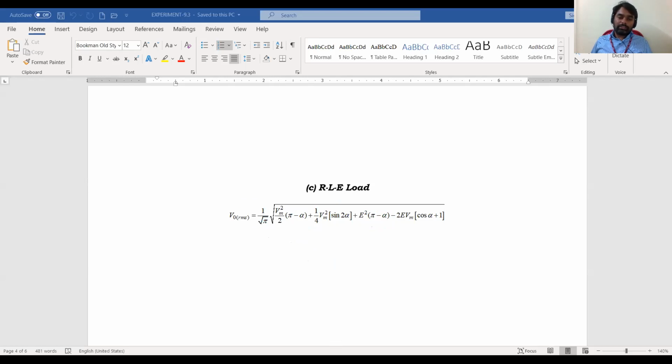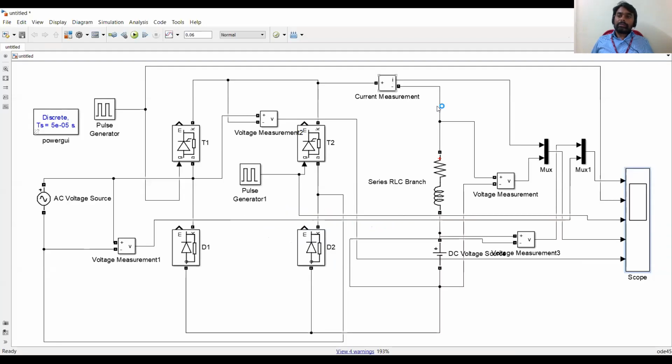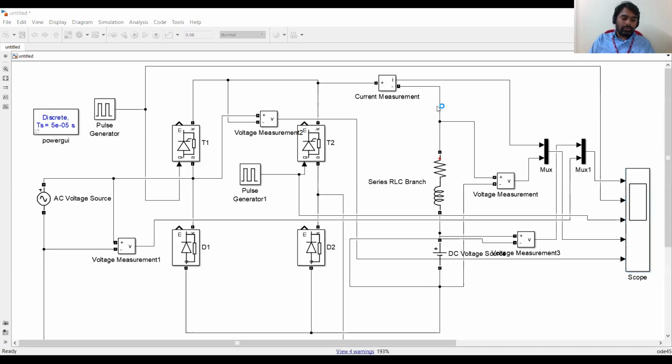In order to do that, you just connect a voltage measurement, an RMS measurement block. I will go to the untitled page once again. Just connect an RMS block. Here you can find the RMS block, which will give the RMS value, and you can also display that value in the display block.